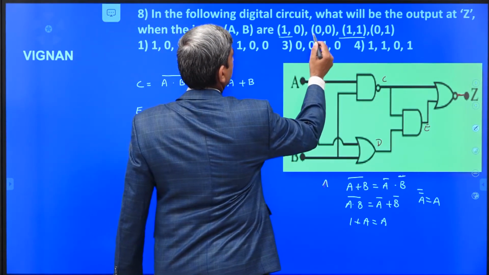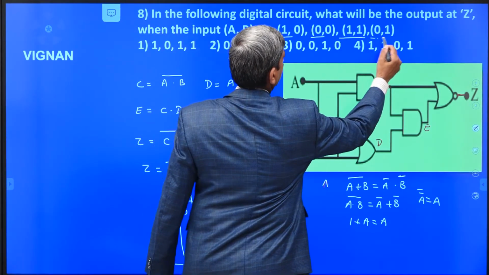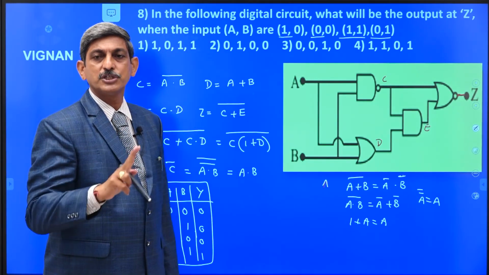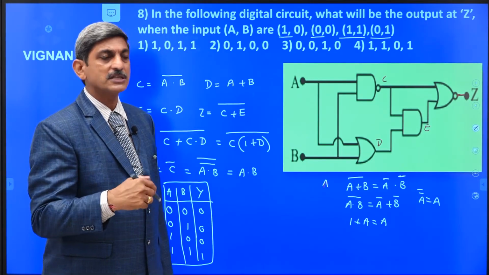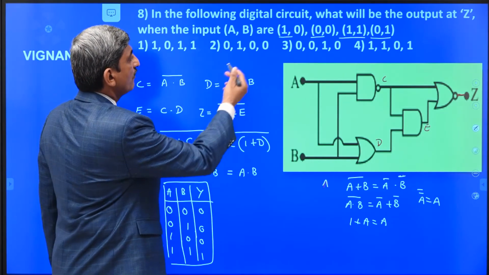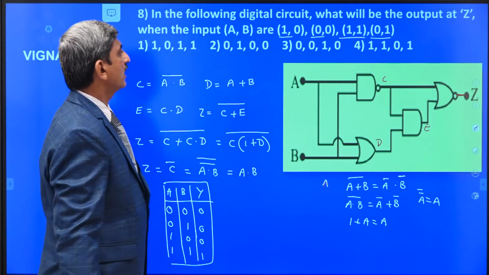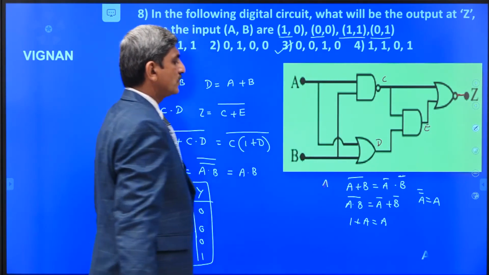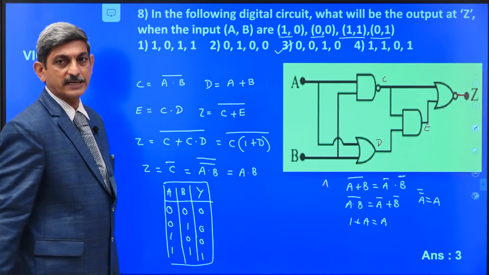For the first, second, and fourth combinations, either 1 or 2 inputs are 0. In that case, the output is 0. That's why for the given 4 combinations, the outputs are 0, 0, 1, 0. So answer 3 is the right one.